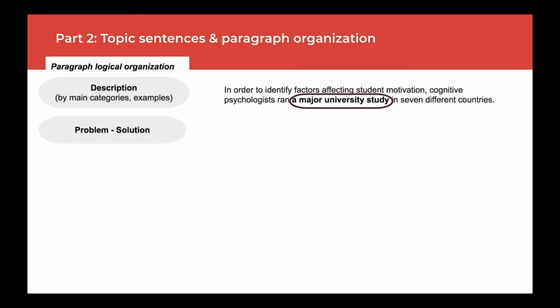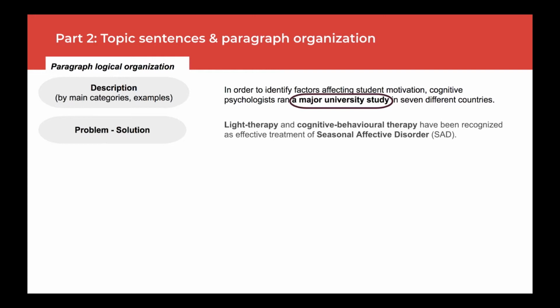So the next one is problem solution. Let's look at an example here. Light therapy and cognitive behavioral therapy have been recognized as effective treatment of seasonal affective disorder. So the subject is light therapy and cognitive behavioral therapy, and the object is seasonal affective disorder, right? So have been recognized as treatment.